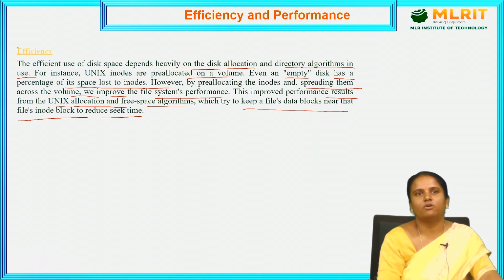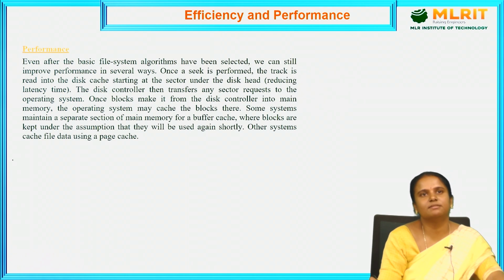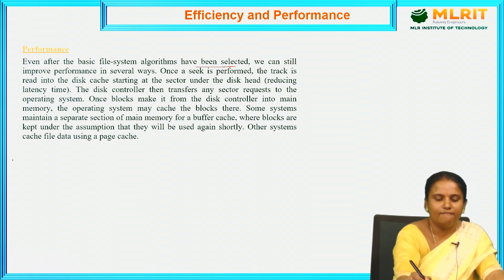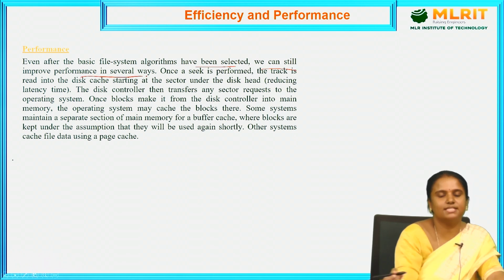That is how efficiency and performance are handled by the file system. Even after the basic file system algorithms have been selected, we can still improve the performance in several ways.